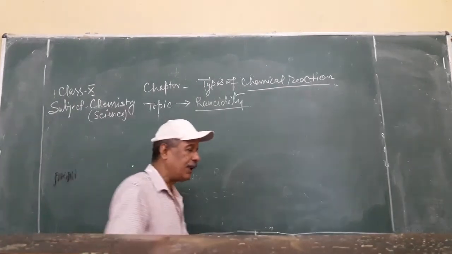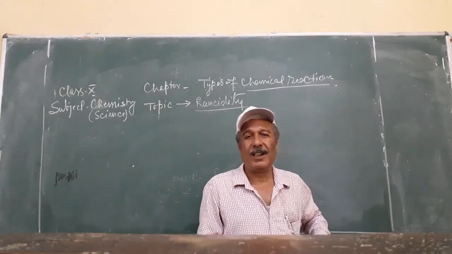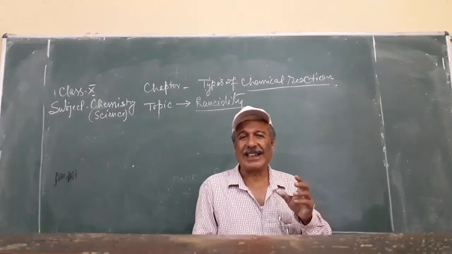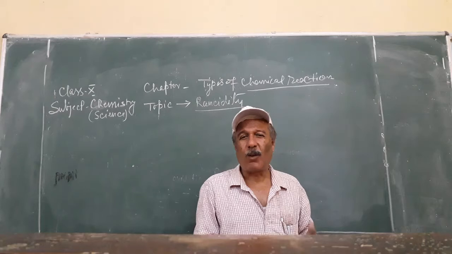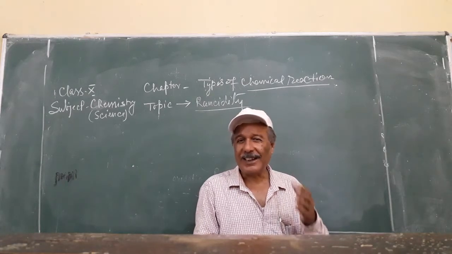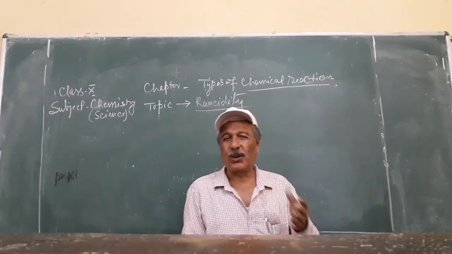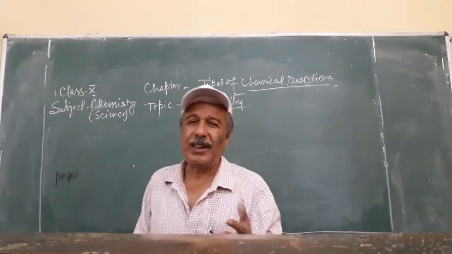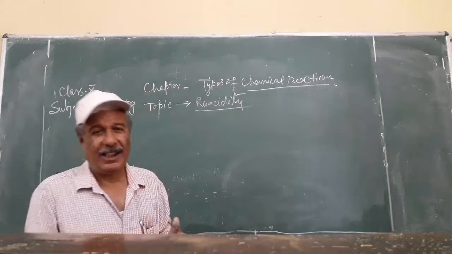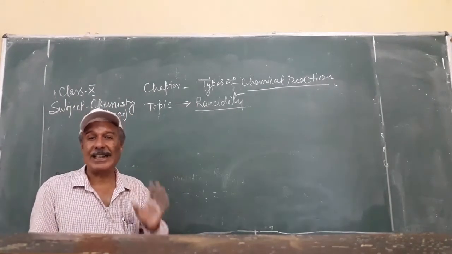Our natural preservatives which are available in our household are sodium chloride, common salt, and mustard oil. They are used as preservatives. Then there are sodium benzoate and sodium acetate. At the same time, you might have seen nitrogen gas.